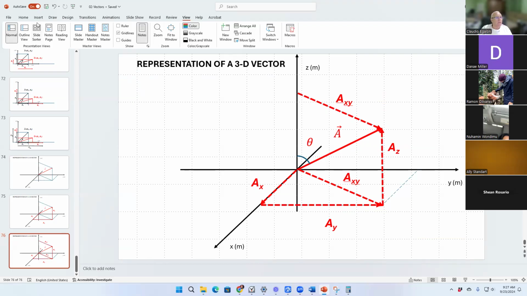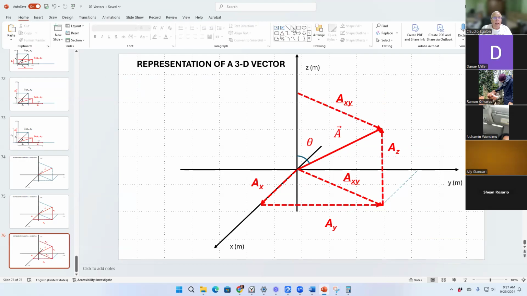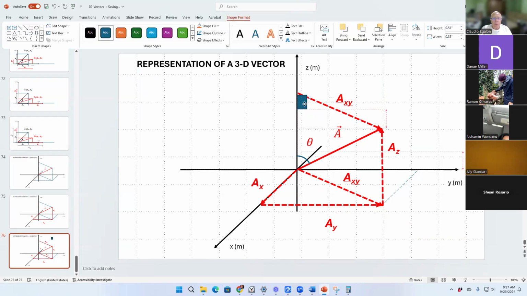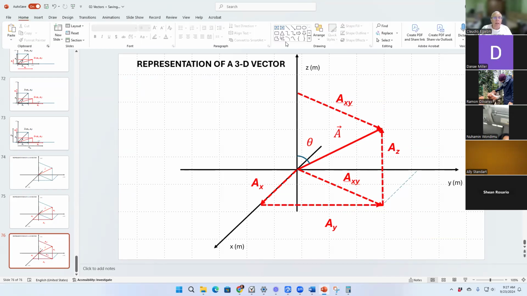So I'm going to emphasize that it's a right angle by placing a little square here. Not exactly this one. I'm going to put another one. This one. Like that. See that?